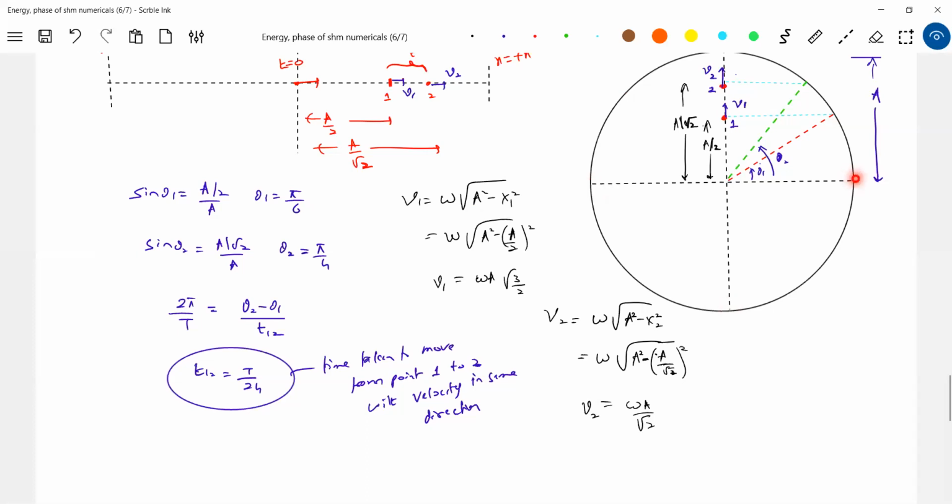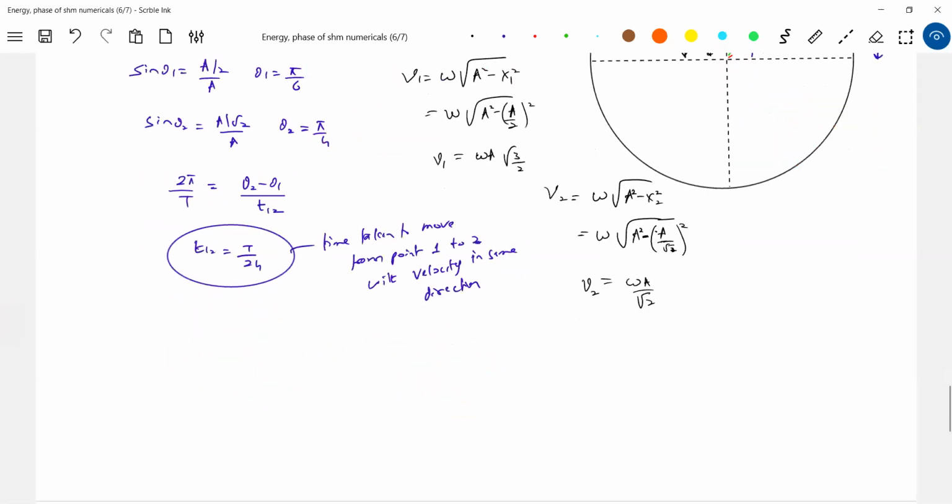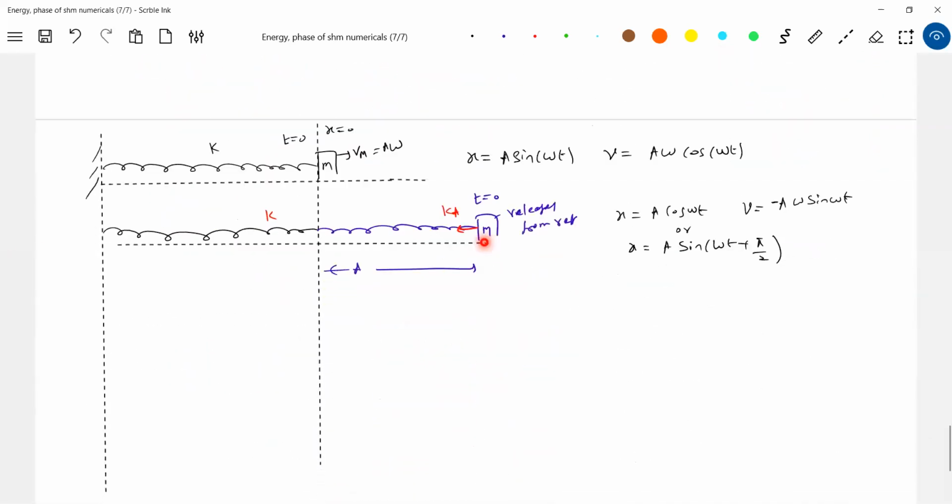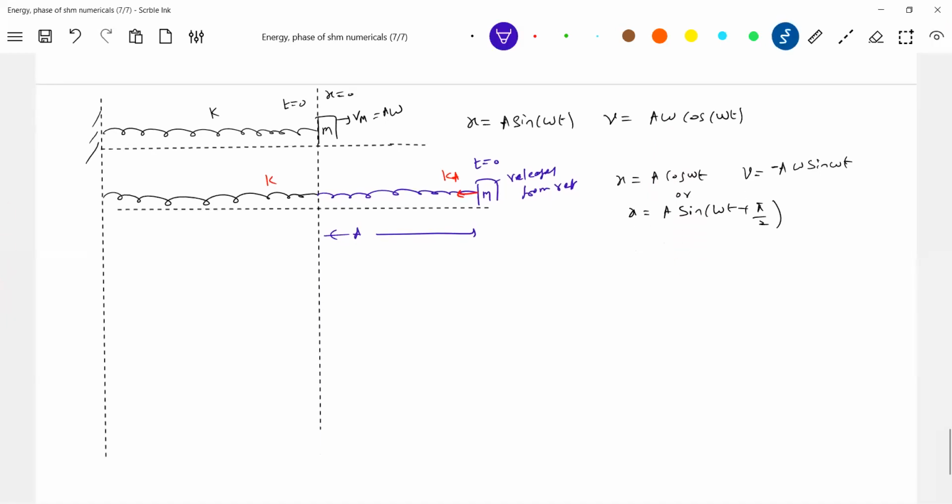If a particle starts from here, 0 phase. If a particle starts from here, it should be 5 pi by 2. These are the phases here. So now what will the phase of this be? Pi by 2. Sine omega t plus pi by 2 will become this much. There's a method of writing cos or sine. Now I think you are in a good position to write this equation. I'll define this as t equal to 0.